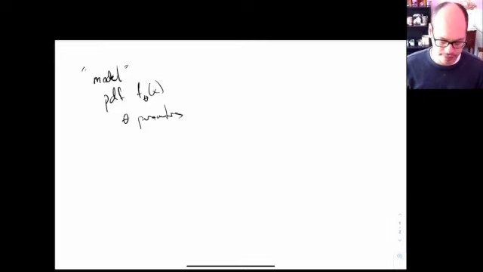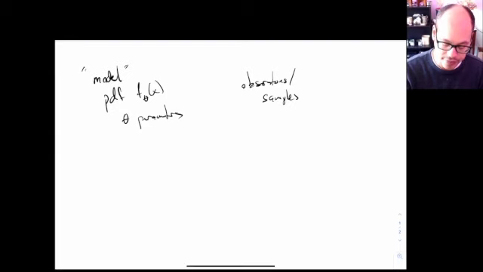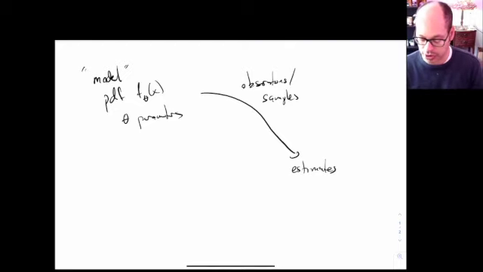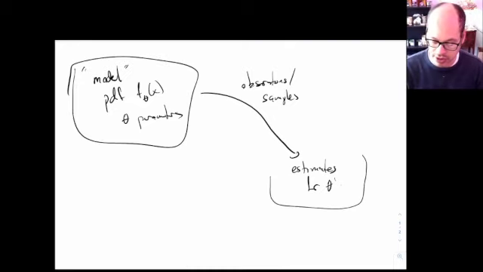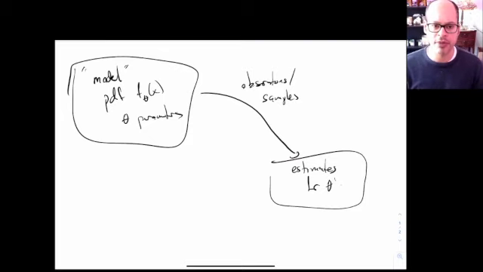And from this we made some observations, or in other words, got some samples. And then we want to produce some reasonable estimates for these parameters theta, right? So model, observations, get some estimates. That was the procedure we were looking at before.